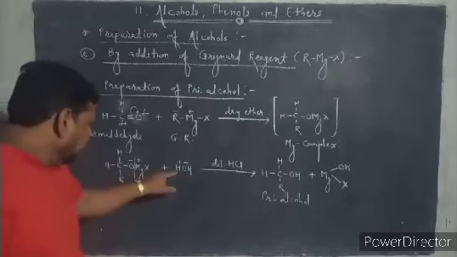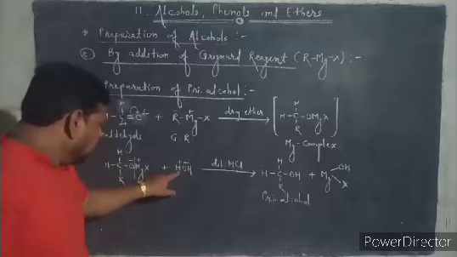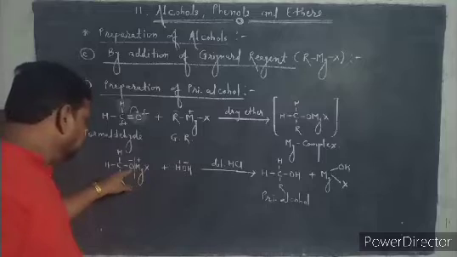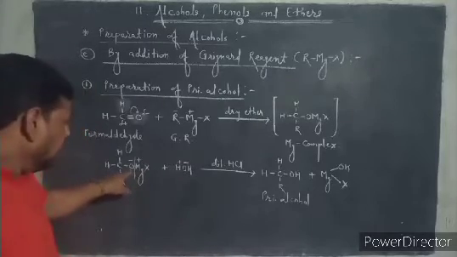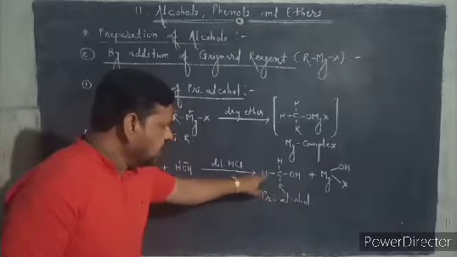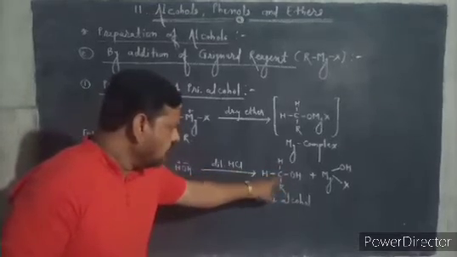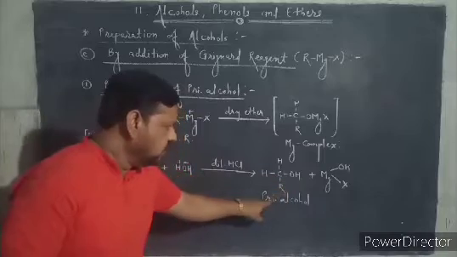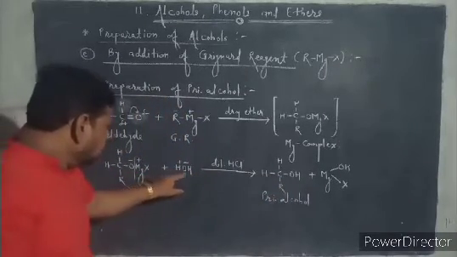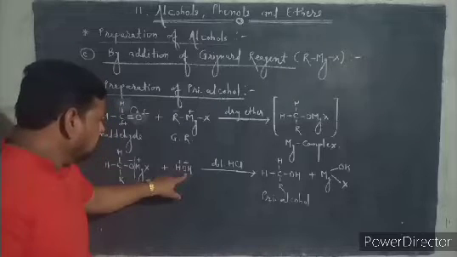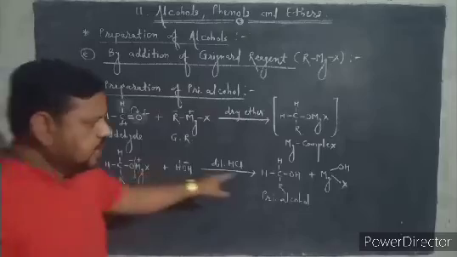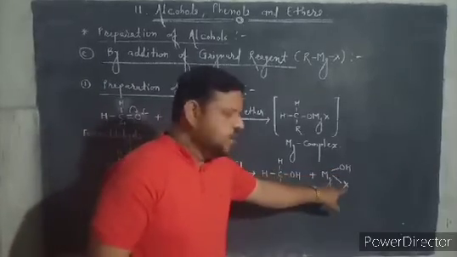Okay, and this hydrogen H positive ion gets attached to this oxygen atom and it gives RCH2OH, that is primary alcohol, and this OH hydroxyl ion gets attached to this magnesium and it gives MgOHX.